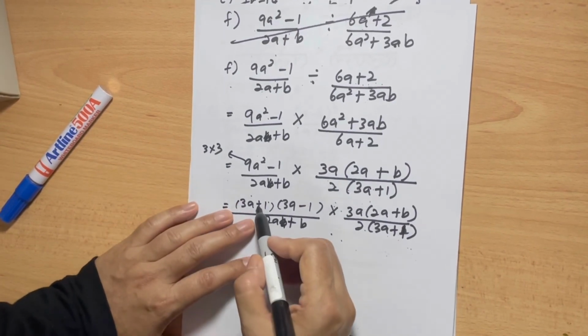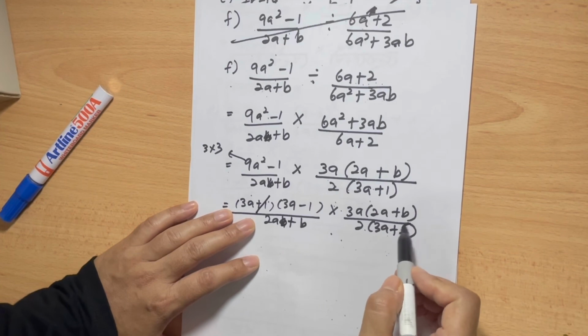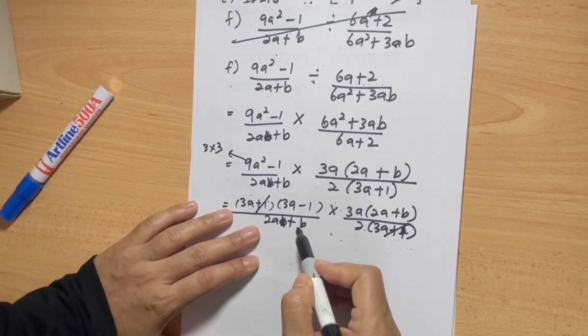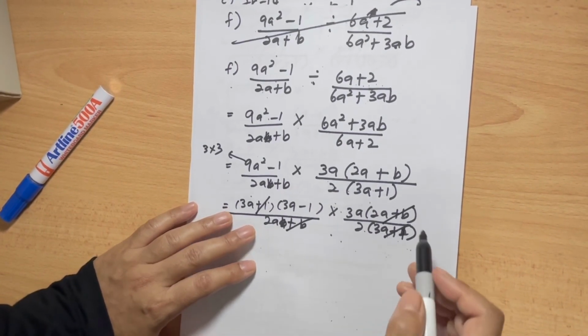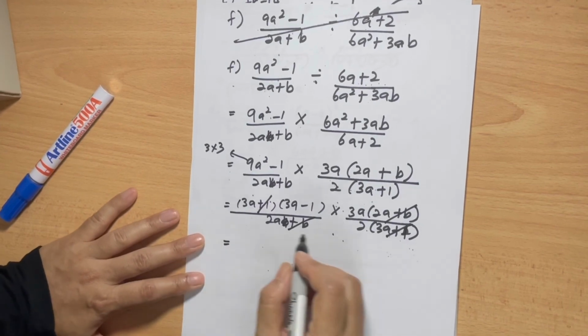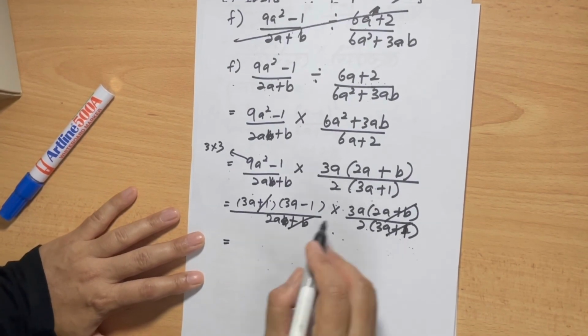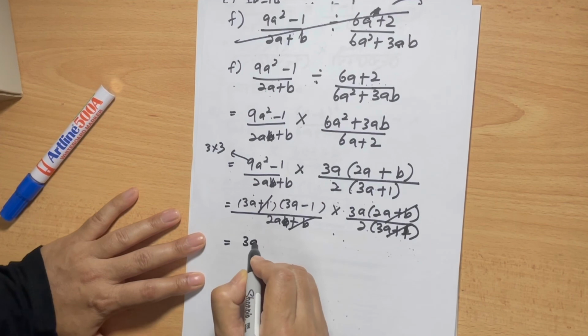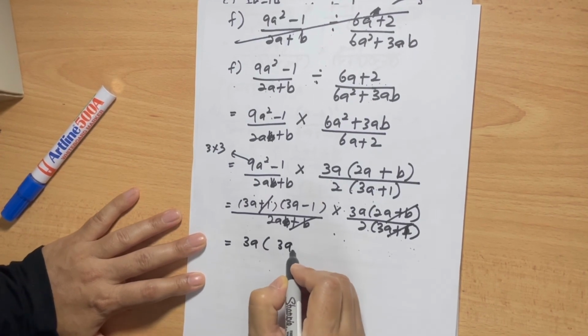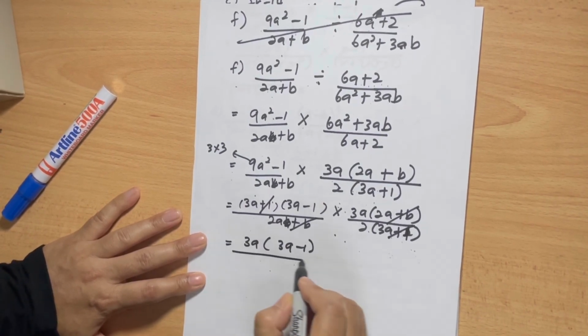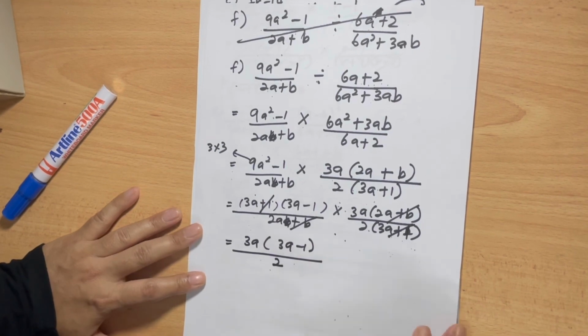So 3A plus 1, 3A plus 1, 2A plus B, 2A plus B. So now the answer, this is 3A minus 1 over 2.